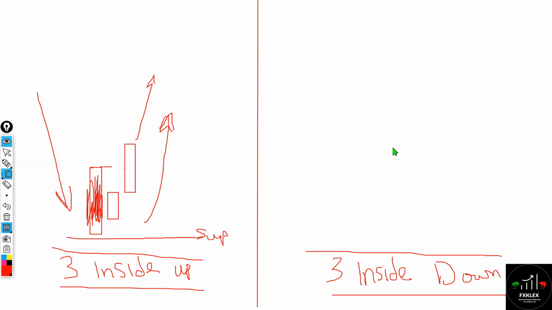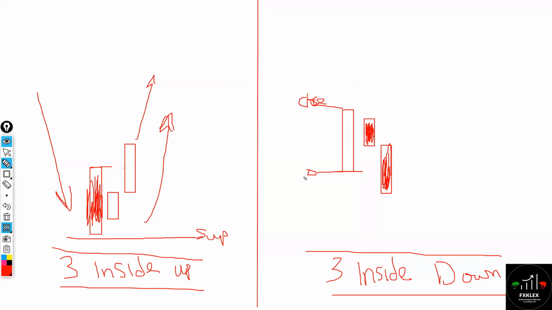Same goes right here, right here, and then right here. So in a bullish trend, this can be bearish, this can be bullish, and then bearish, closing below this bullish candle. Remember, this is the opening of the candle. Do you remember that? Yes. This is the close of this candle.